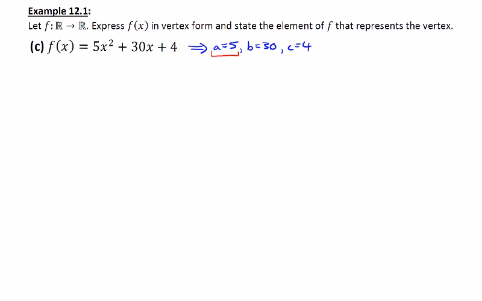We are just going to focus on taking out the 5 as a common factor from the first two terms. I'll show you how all this is going to shake out here in just a bit. So let's start with taking out just the 5 as a common factor from the first two terms. So if I factor out just a 5, then I will have x squared plus 6x.